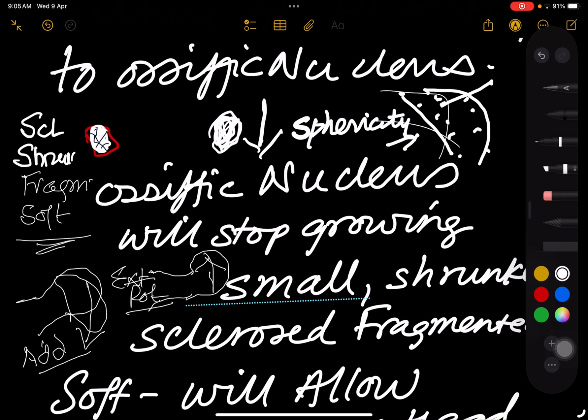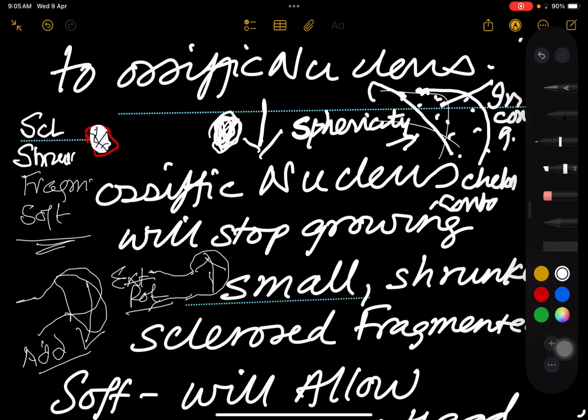That means there is incongruity. And finally, it goes outside the rim of the acetabulum, and this portion outside the rim of the acetabulum is called the chylus, and this is called lack of containment. It is not contained. So the effects of softening are adduction deformity, external rotation deformity, loss of sphericity, lack of congruence, and containment.